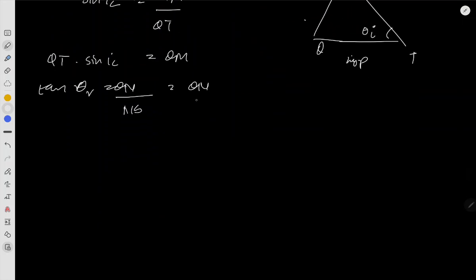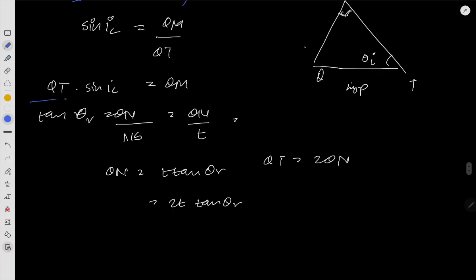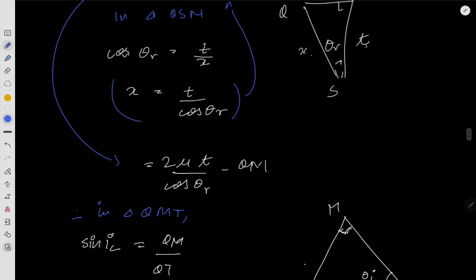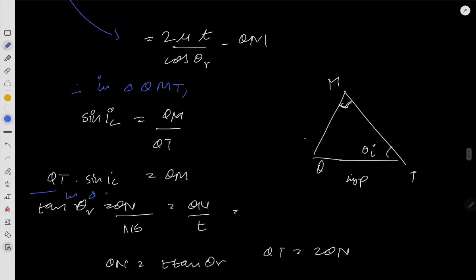So tan theta r equals QN upon t. So we write QN equals t tan theta r, but as we know, QT equals twice of QN, so it equals 2t tan theta r. I'll write here in triangle QSN.